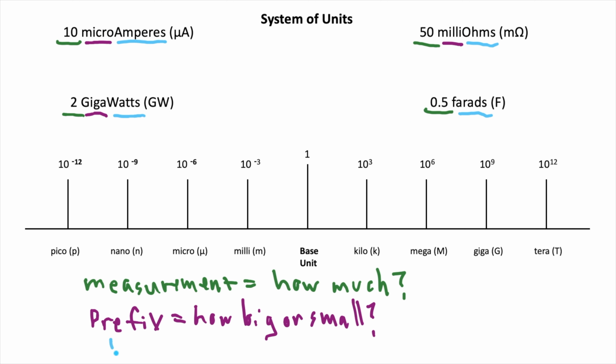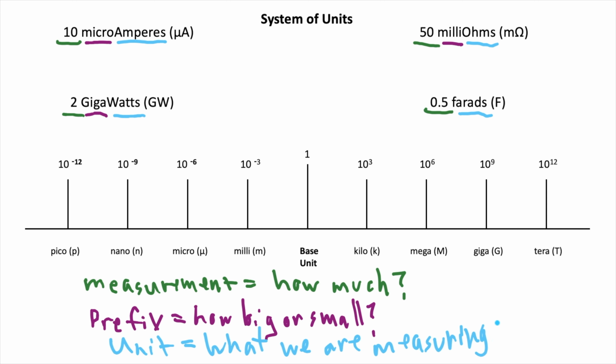So unit is equal to what we are measuring. And once you get these down, you won't be able to unsee it. It might take a little bit of practice to run several expressions and mark out the measurements, the prefix, and the unit, but you will be able to get this easily enough.